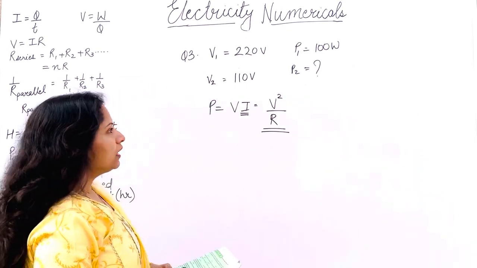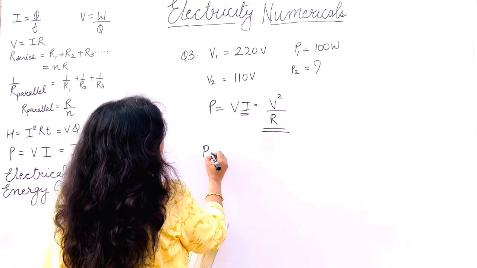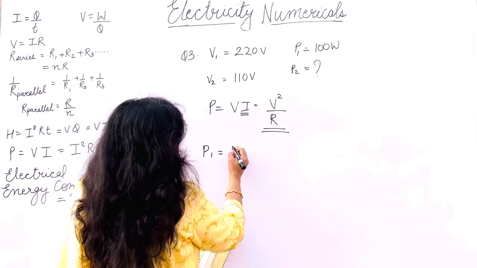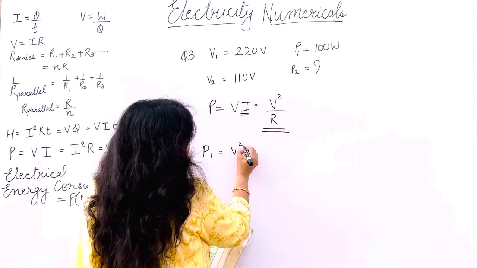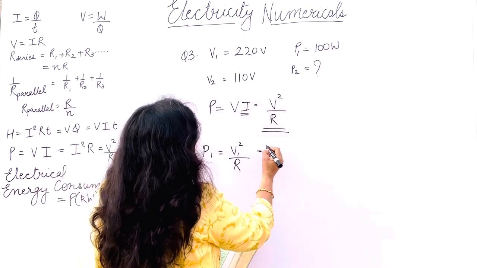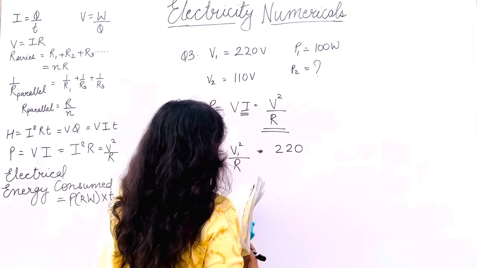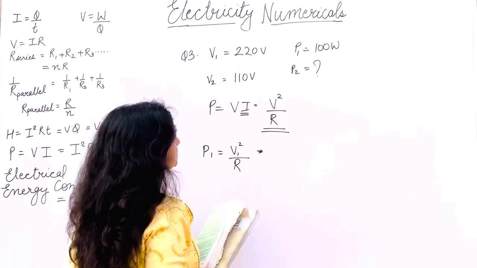Okay. Now we will put the values. P1 is equal to V1 square upon R. R is the same. So V1 is 220. This implies that the value of P1 is given.